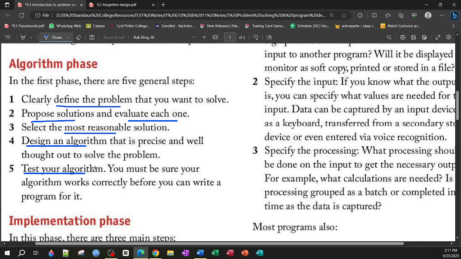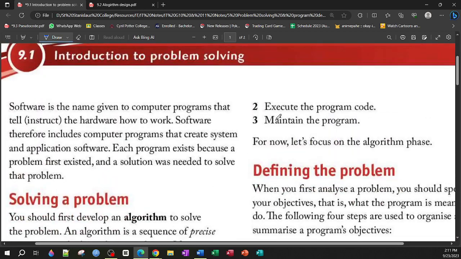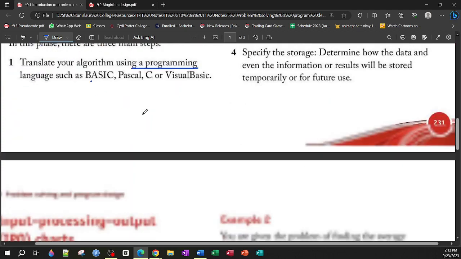After finish testing it and it's correct, then we create a program. And then we run the program and maintain that program. So that's a summary of what we would have covered last week.